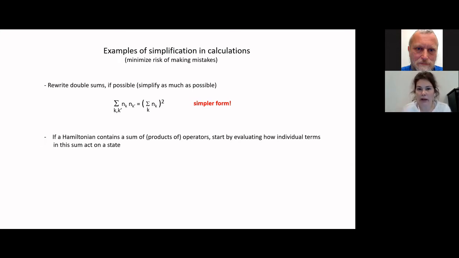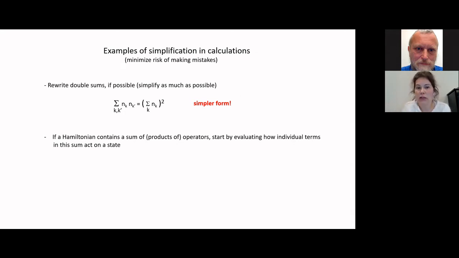Only look at the operators and start looking at how one term in the sum, only a single term, can be a product of operators, but only one product, how that acts on a state. So then you can forget, for the moment, about the sum, about all the coefficients that may be in front of these operators. Only focus on the operators, take one term from the sum and let it act on the state.